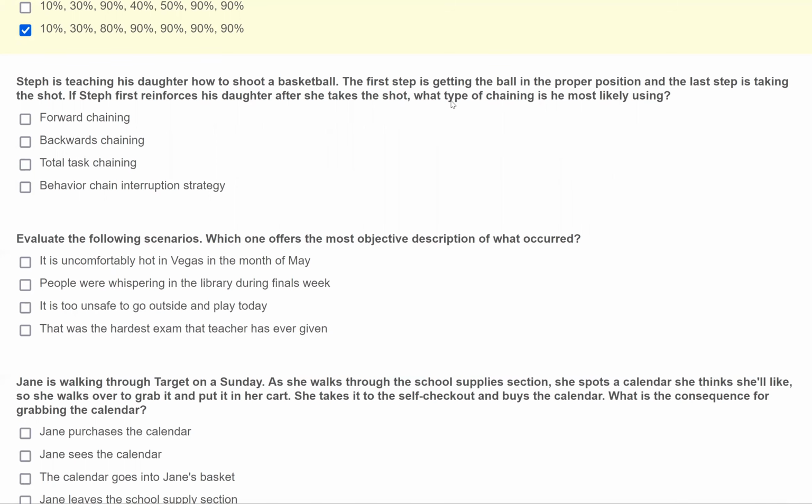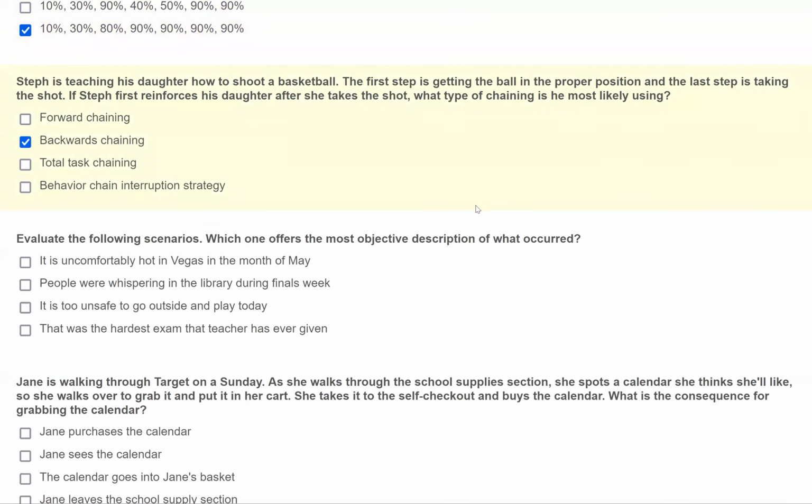Is the shot the first step or the last step? What's the last step? So is Steph using forward chaining? Well, no, because if it was forward chaining, Steph would first reinforce after the ball's in proper position. It's going to be backwards chaining because Steph is reinforcing after the last step. He's not teaching the whole chain. He's not interrupting the chain. He's reinforcing for the final step.